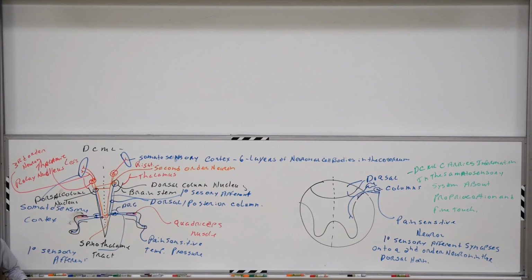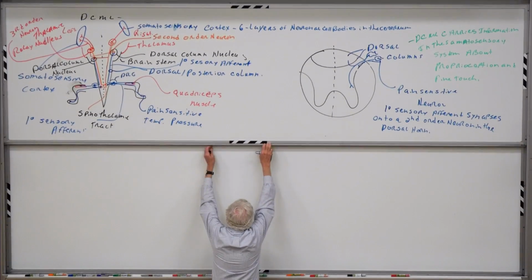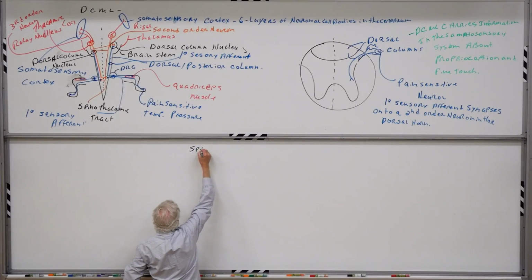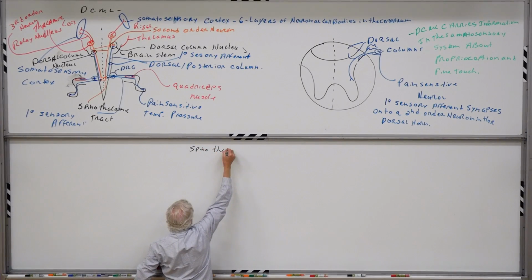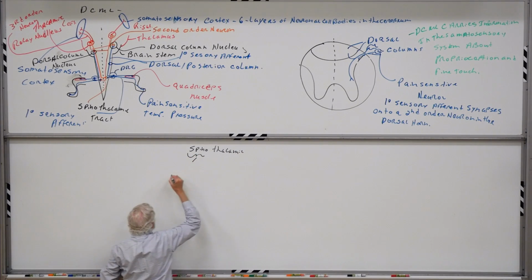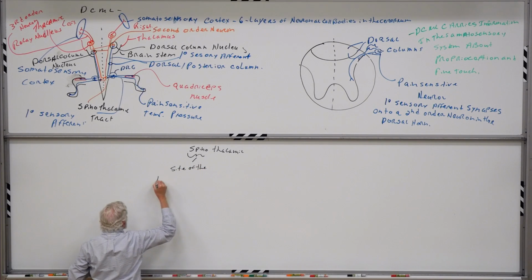Well, let's take a moment here and just unpack this terminology of spinothalamic. This is important because this is the common nomenclature that we use when we talk about neuroanatomy. When we say spinothalamic, this syllable, spino, tells us the site of the neuronal cell body.